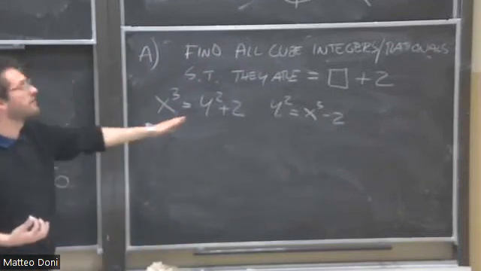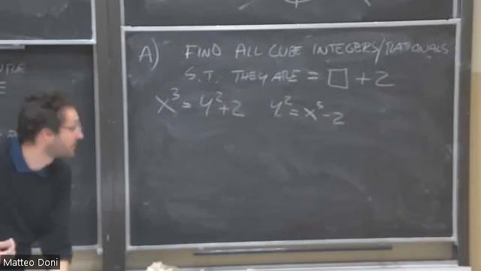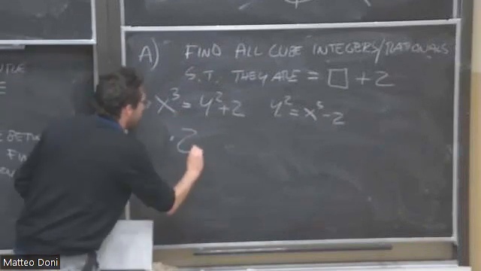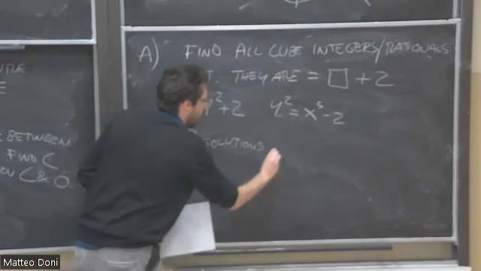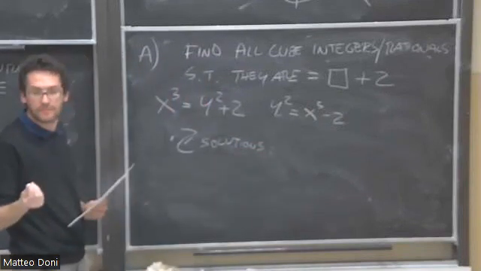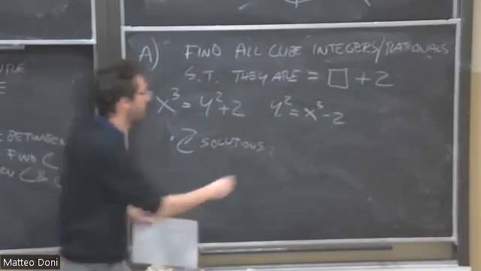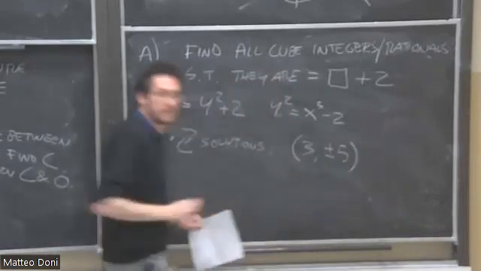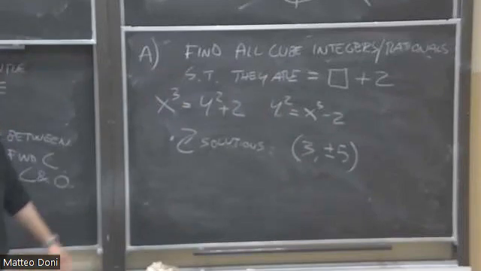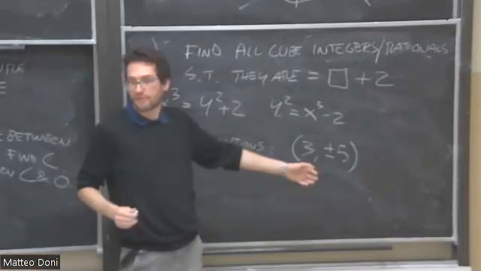I would say that the interesting thing about this problem is that the integer solutions are just finitely many, and in fact, they are just these ones. And proving this actually requires no geometry.